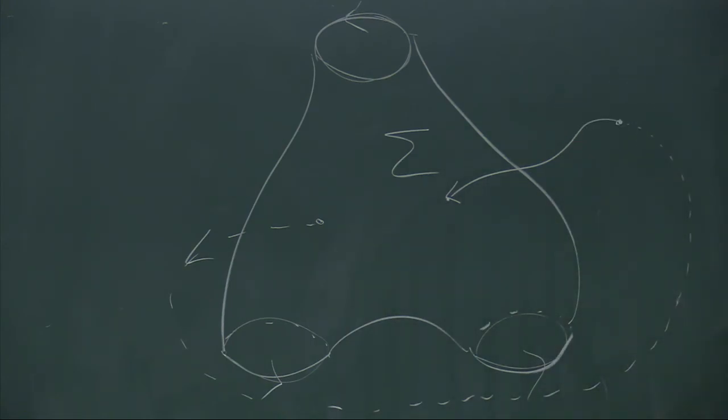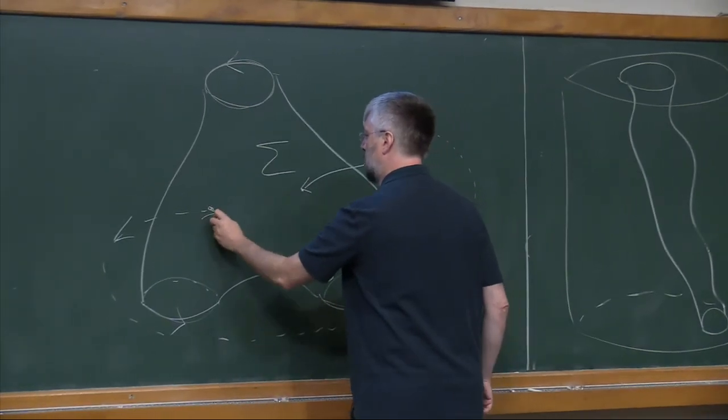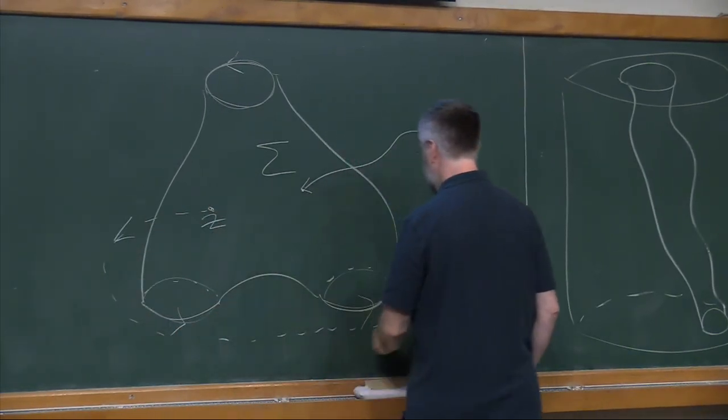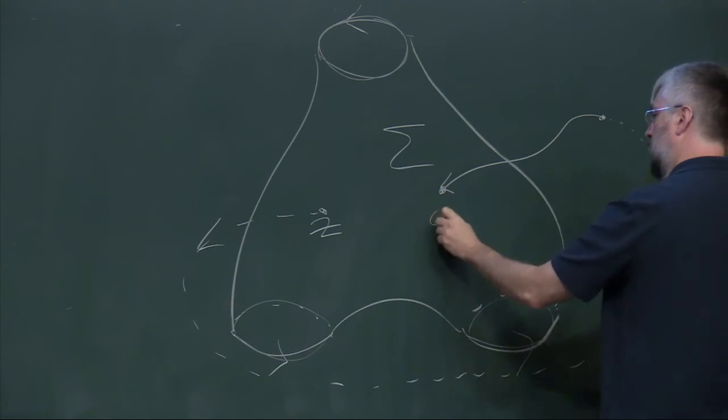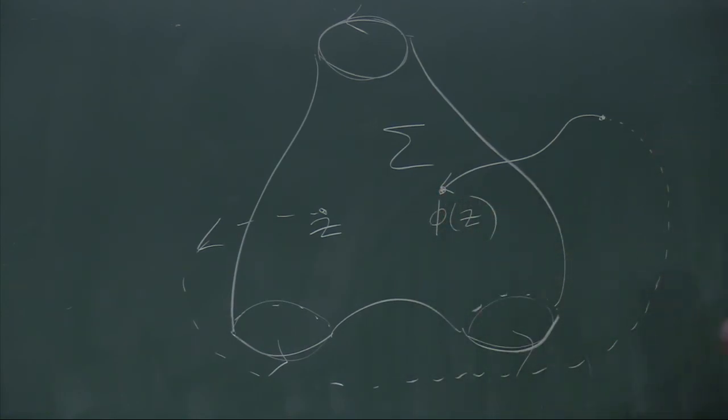And in particular, there is a return map phi from the interior of sigma to itself. So you start at a point in sigma, call it z. You follow the Reeb flow. You come back to some other point. Let's call it phi of z. So that's a map from the surface to itself.